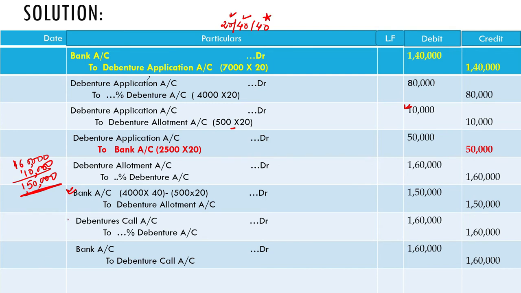So due entry for first call will be debenture first call account to debenture account, and that will be 4,000 into rupees 40, and it will be 1,60,000. Again this 1,60,000 will be received by the company. So receipt entry is bank account to debenture first call account 1,60,000.